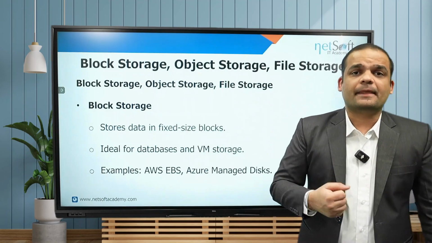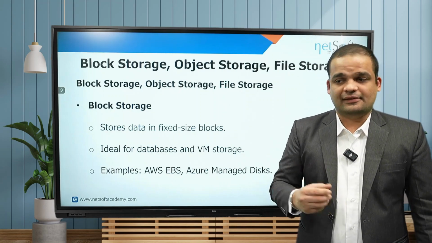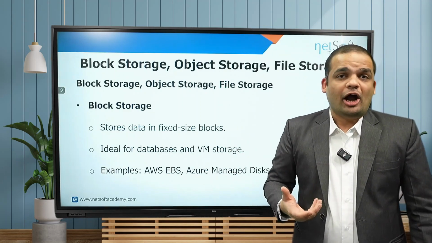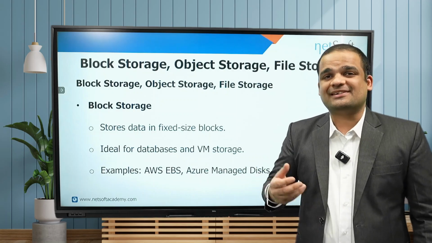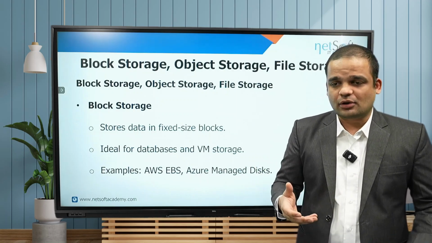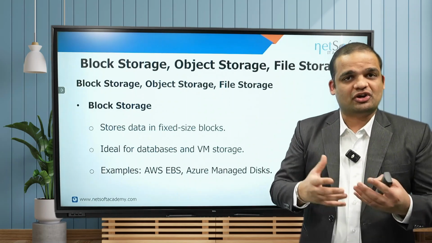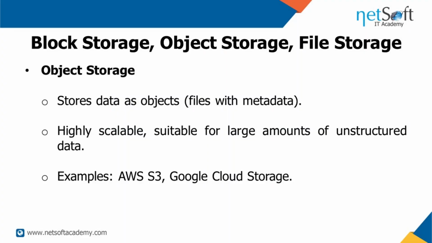For example, AWS Elastic Block Storage, EBS, is a service which will help you to store block data. Azure Managed Disks or Google Persistent Disks are also some of the services that offer block storage functionality.